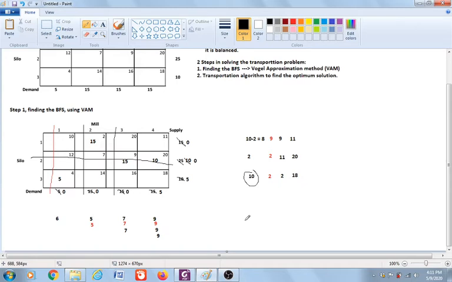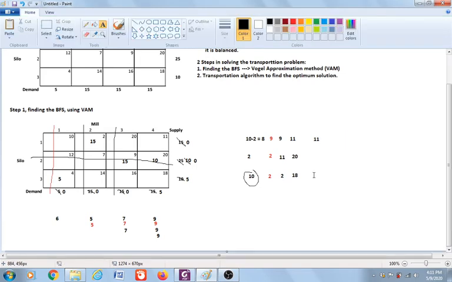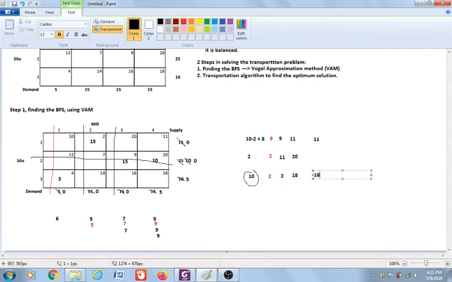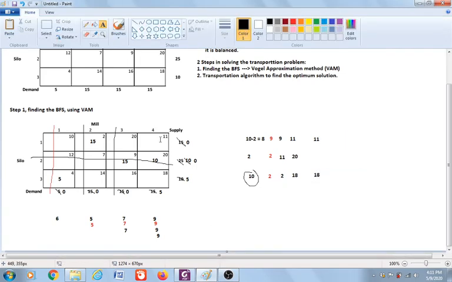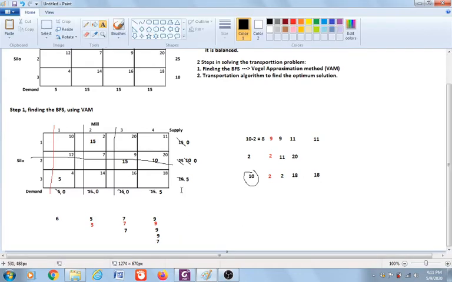Now we repeat the same thing. So here I have 11, so I fulfill this one, and here I have 18, and over here I have 18 and 11, and that is only 7. Okay, so 18 is the largest one, so I have 5.